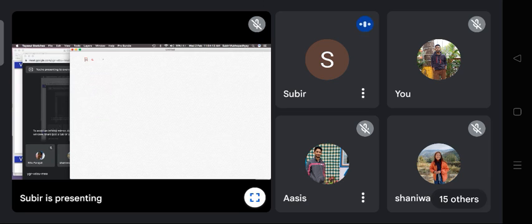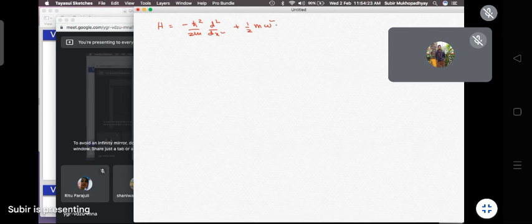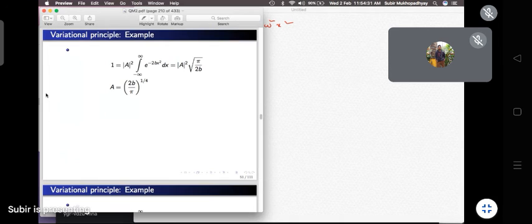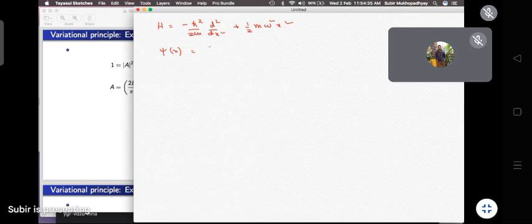This is our Hamiltonian, and this is our trial wave function: 2b by pi to the power 1/4 times e to the power minus bx square.